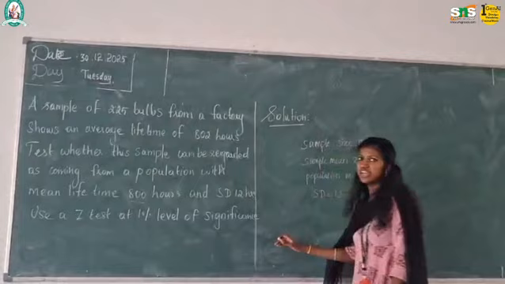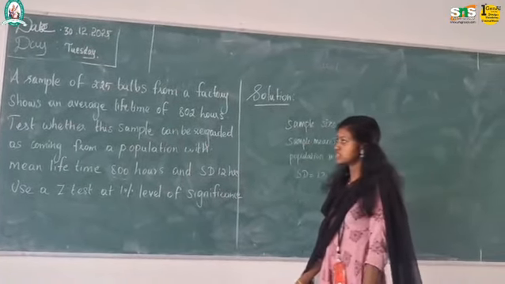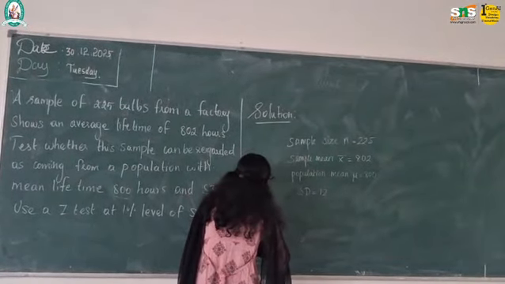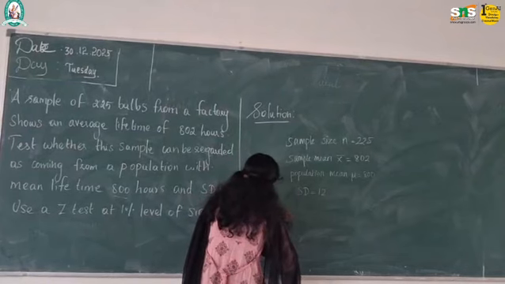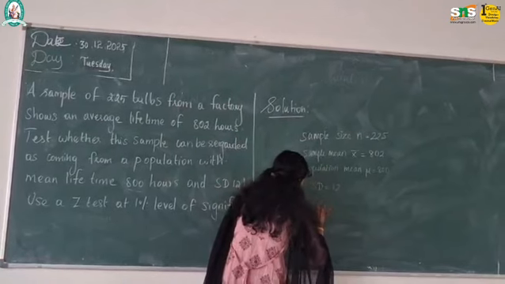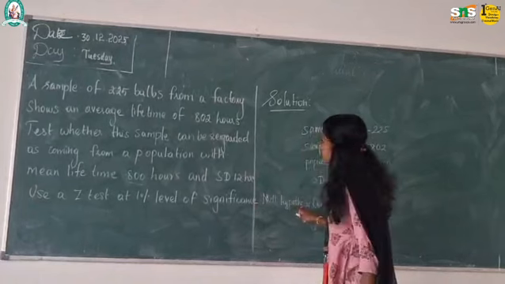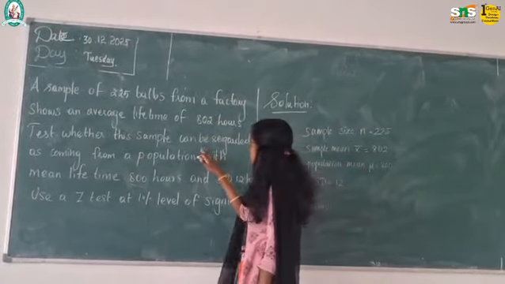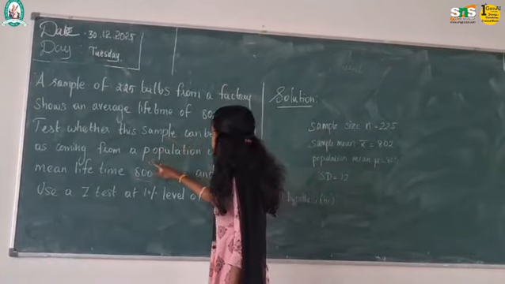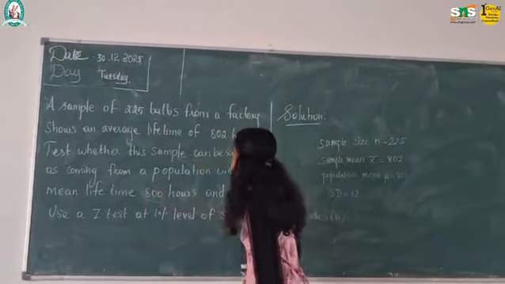Now we have to find the statement of the null hypothesis and the alternate hypothesis. The null hypothesis is the statement that comes after the word regarded. So here it is the sample from a population with mean lifetime 800 hours.